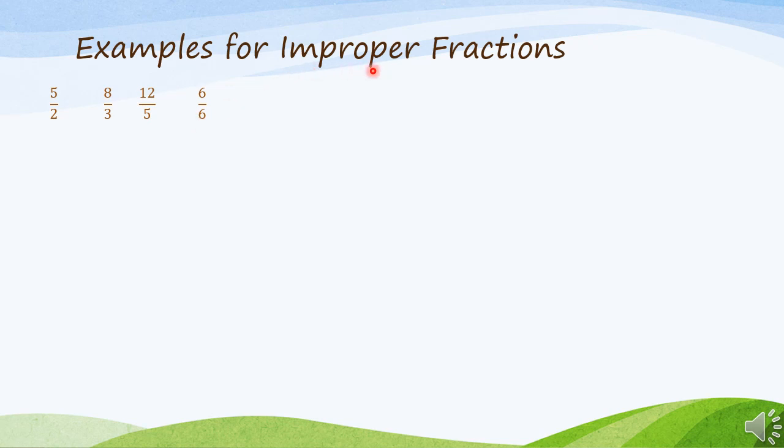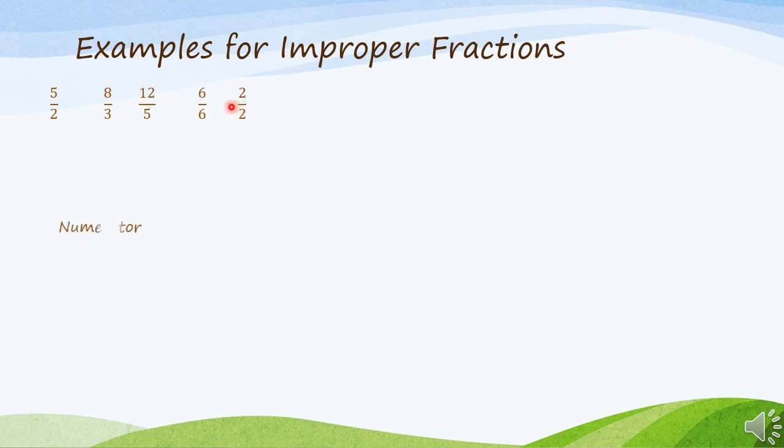So that means when the numerator is big, or the numerator and denominator are the same, all are improper fractions. Let's see another one, 2 over 2. That is also an improper fraction.